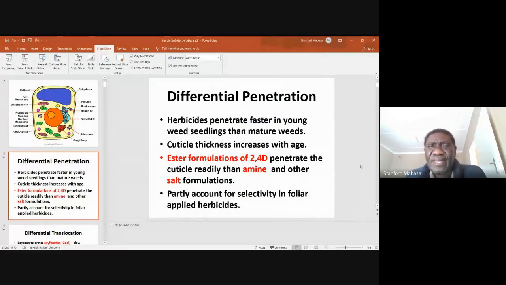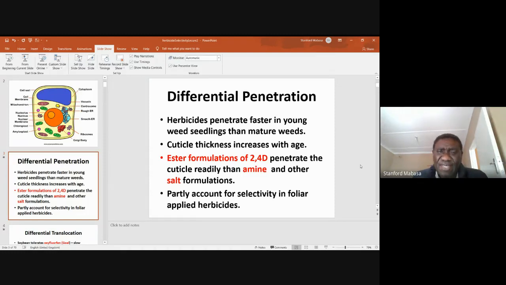Now, when the herbicide reaches the plant, it can undergo what is known as differential penetration. Now, in young plants or young weed seedlings, the herbicide may penetrate at a high speed into the plant.